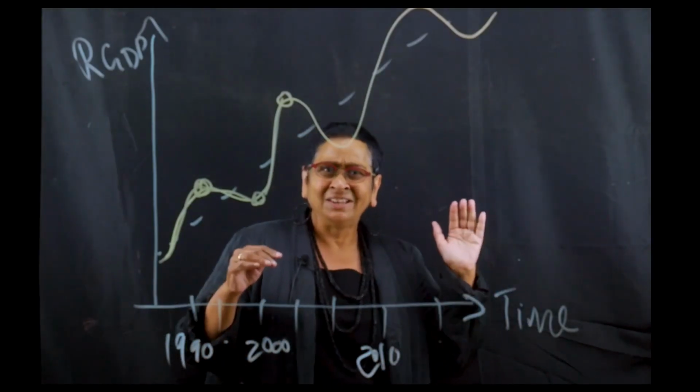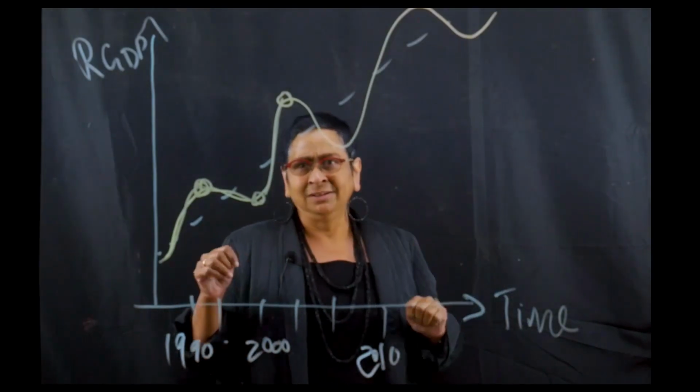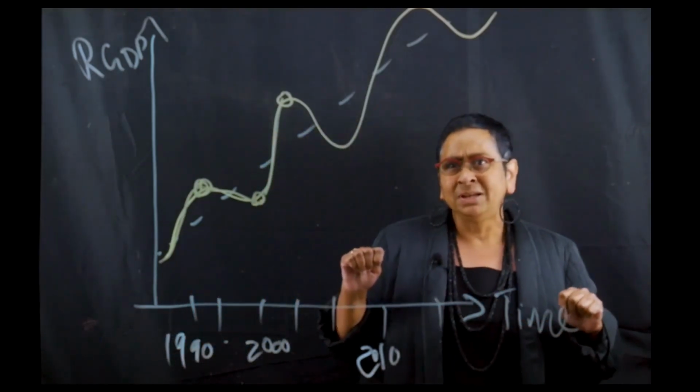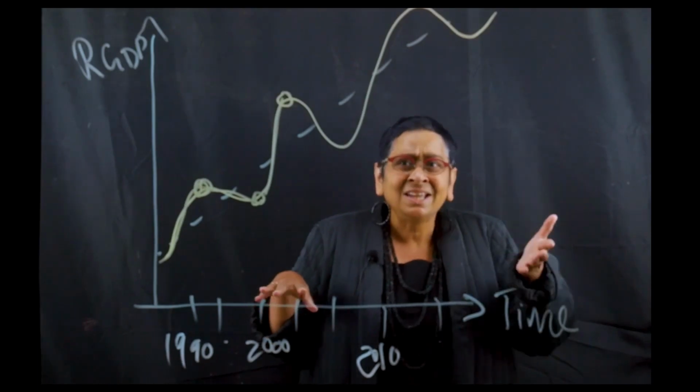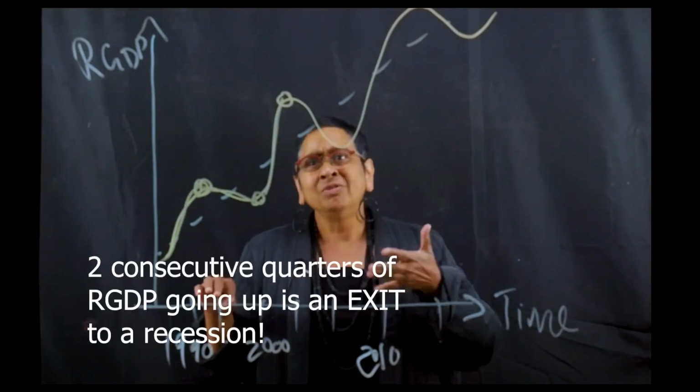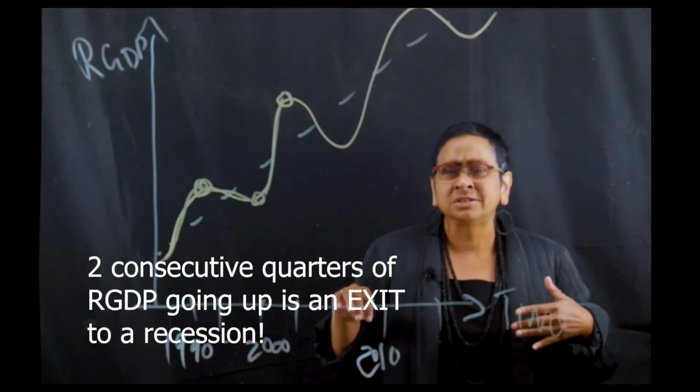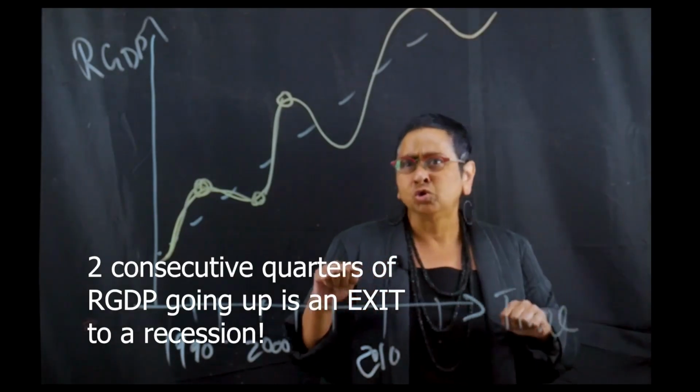That's when we figure that we're entering a recession. And similarly, we begin to get out of a recession when you see two consecutive quarters of real GDP beginning to go back up.